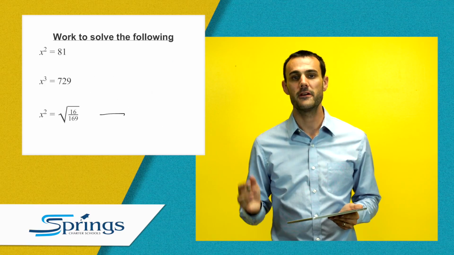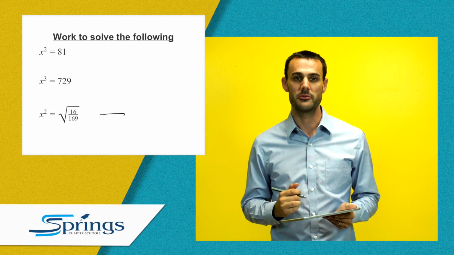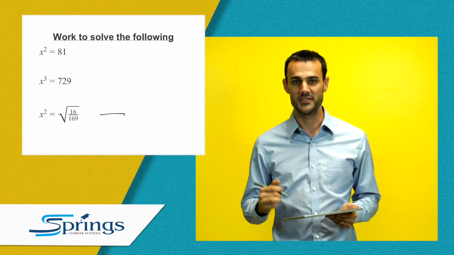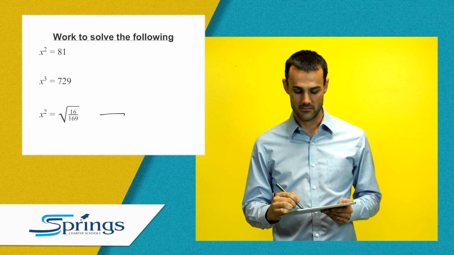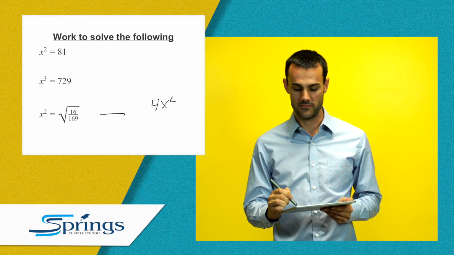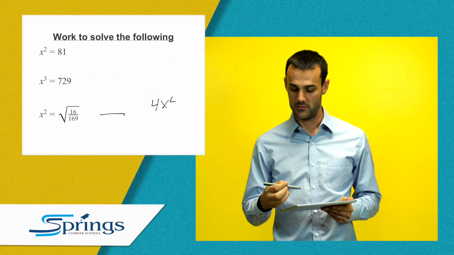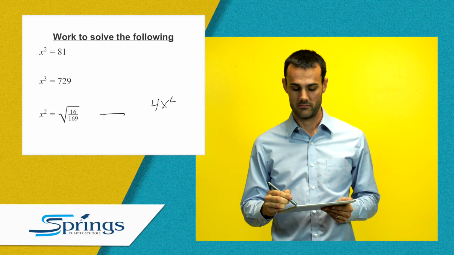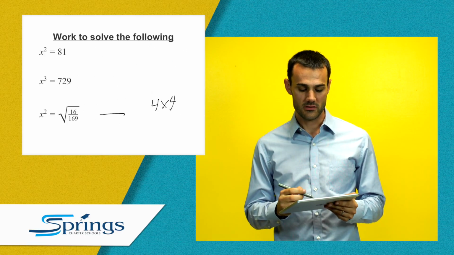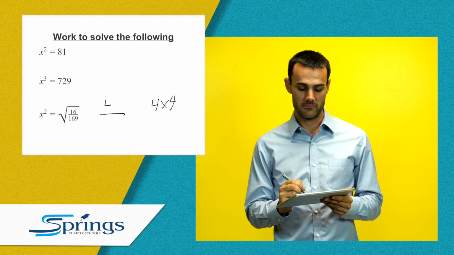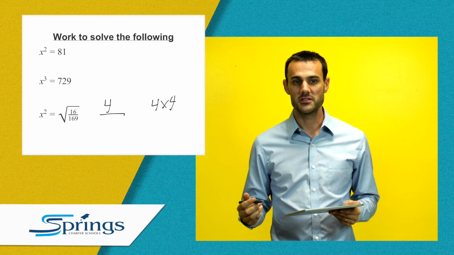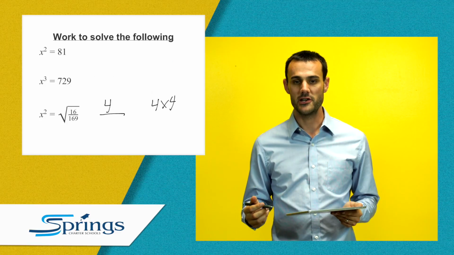And I'm going to tackle the very first part, 16, which is our numerator. We can figure out pretty easily what number multiplied by itself is equal to 16. In this case, it's 4 times 4. So on the top of my fraction here, I can write 4. OK. So now I need to figure out what number, when I multiply it by itself, is going to equal 169.